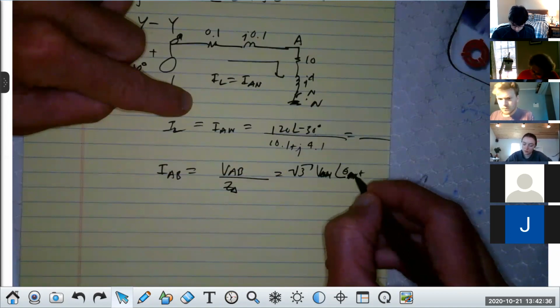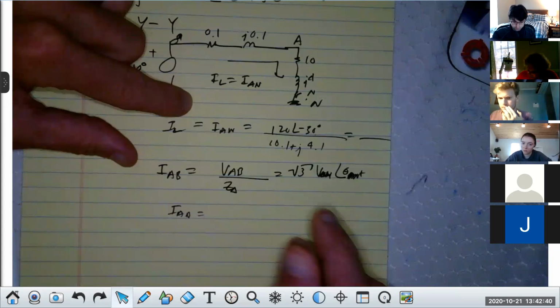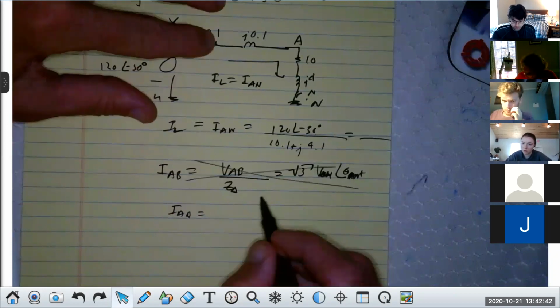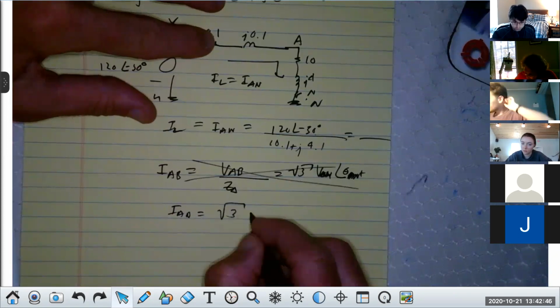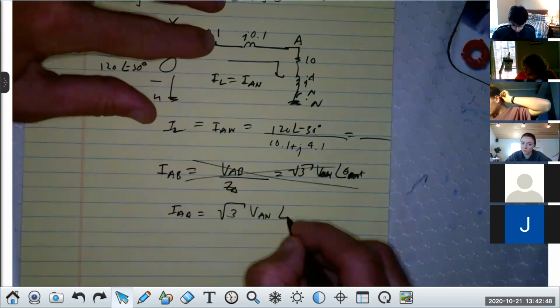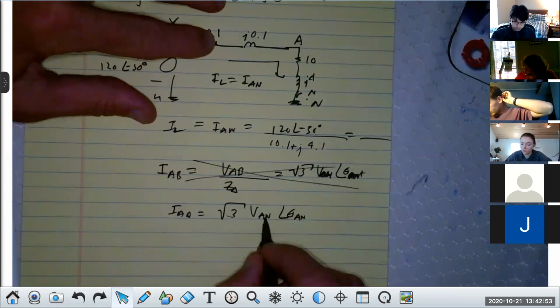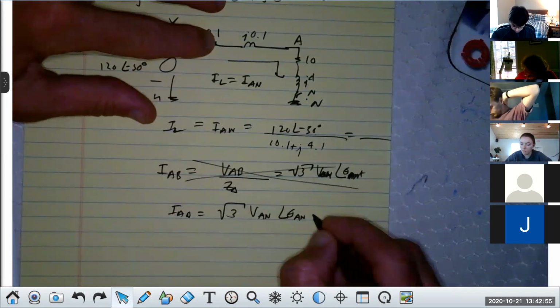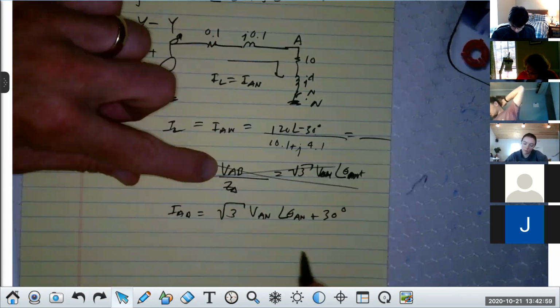Let me redo that. I_AB would be equal to the square root of 3 in magnitude times V capital A capital N, with angle theta_AN, whatever that angle was for V_AN, plus 30 degrees. That would be V_AB divided by Z delta.